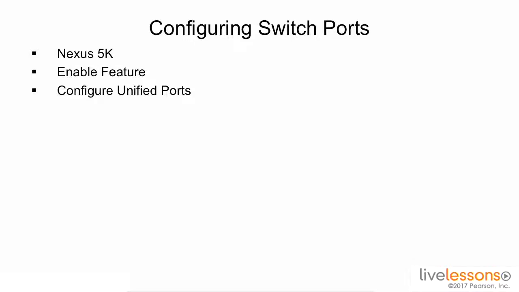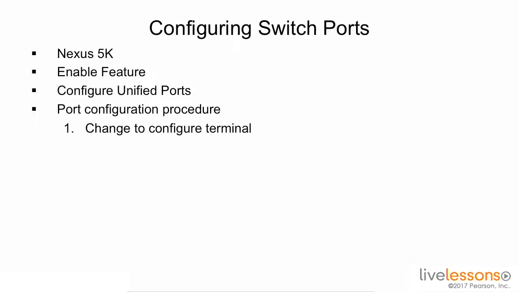Then we're going to go ahead and configure the ports on the 5000 by switching to the configure terminal, changing to the correct fiber channel port, which on the Nexus side is going to be 2/15 and on the MDS side is going to be 1/13.